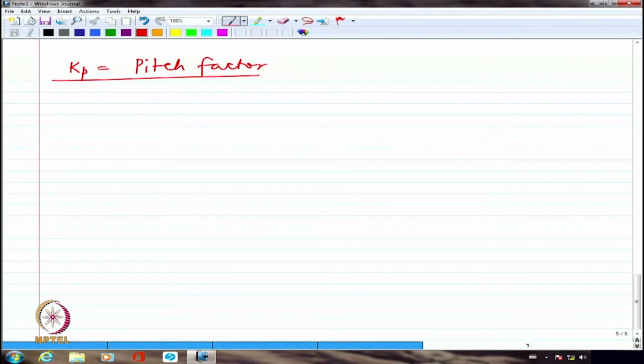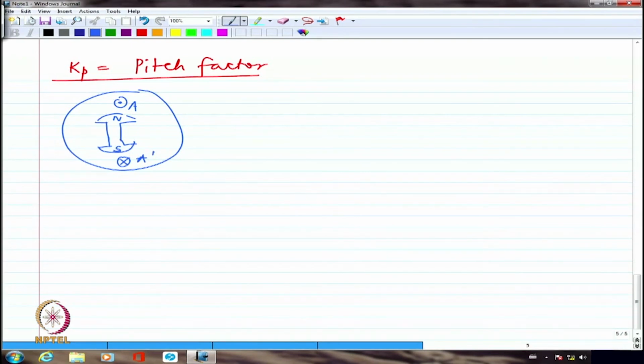That's what we assume, right? So normally in a stator, if this is A and this is A dash, I'm going to have exactly 180 degree shift between these two. So when this is facing the maximum flux of the north pole, this will simultaneously face the maximum flux of the south pole. So when I look at the induced EMF, I can directly add two of them together. I can say 2 times E is the overall voltage induced in A and A dash. That's what I'm going to assume.